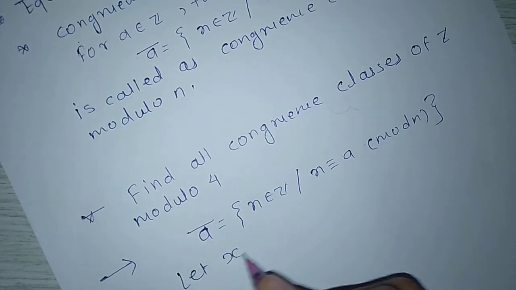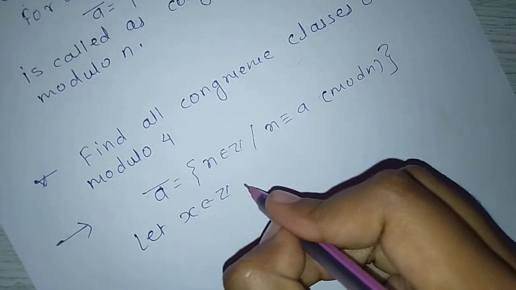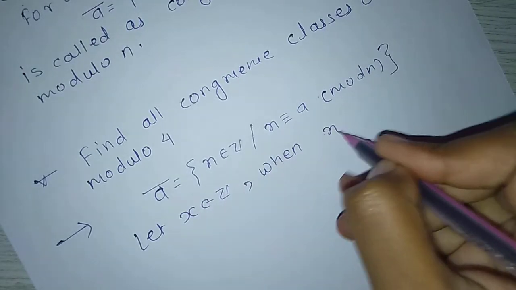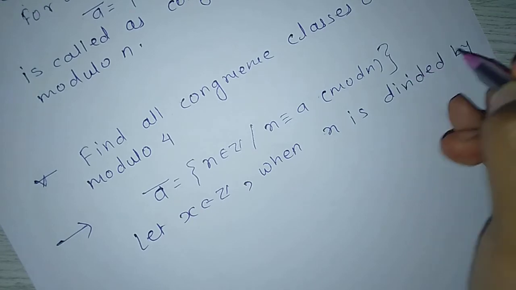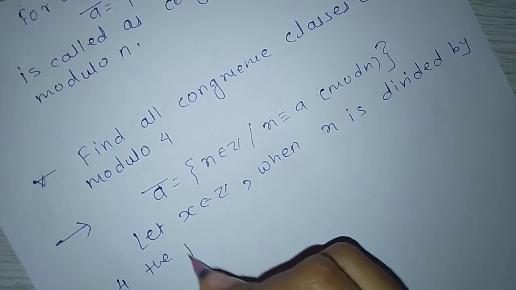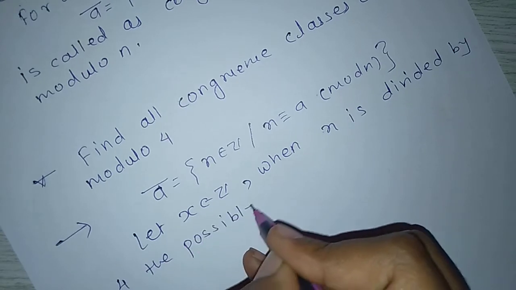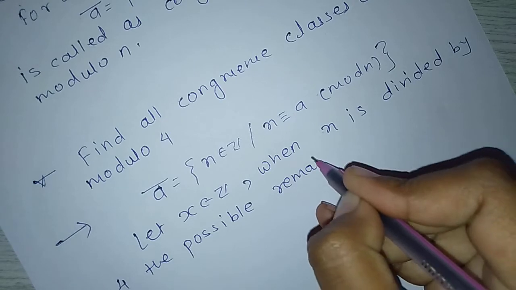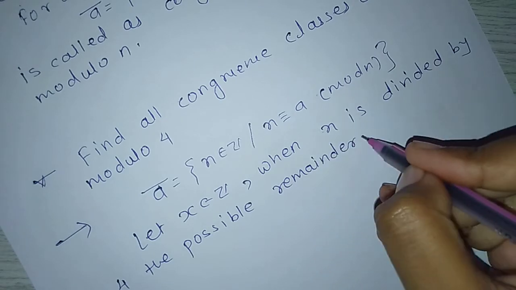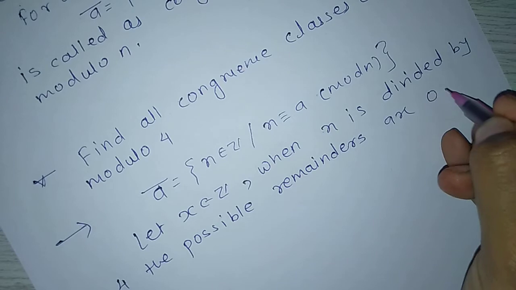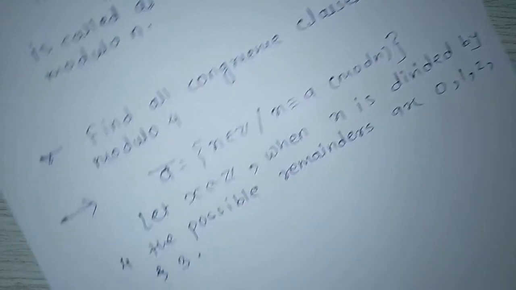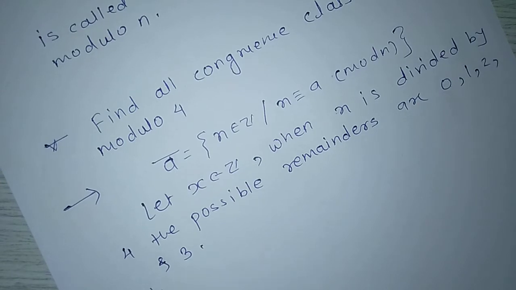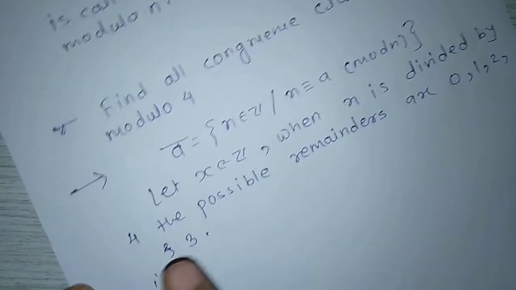Let x belongs to Z. When x is divided by 4, the possible remainders are 0, 1, 2 and 3. Therefore, we have to find the congruence classes of 0, 1, 2 and 3.